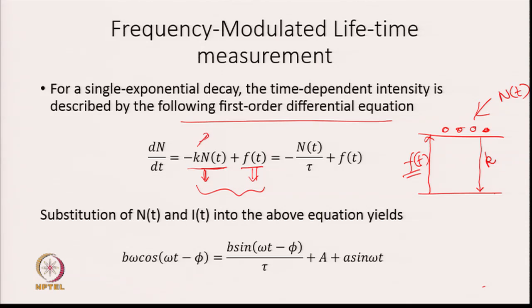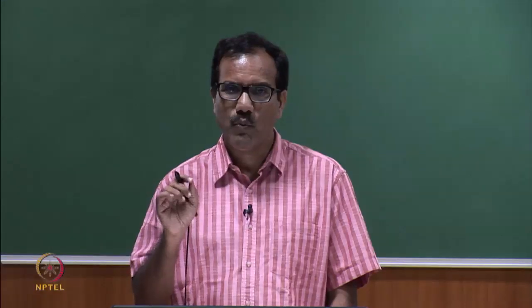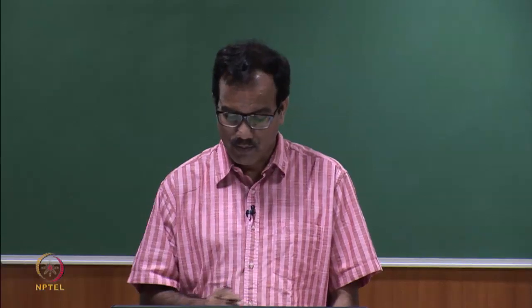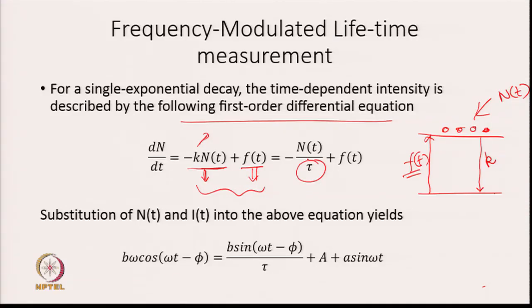So, there are two terms. We know that this rate constant is equal to 1 by lifetime, and that is what we have written here. So, k is equal to 1 by tau. So, this equation dN by dt can be written as equal to minus Nt divided by tau plus Ft. Now, if you remember, N is given by b plus b sin omega t minus phi.